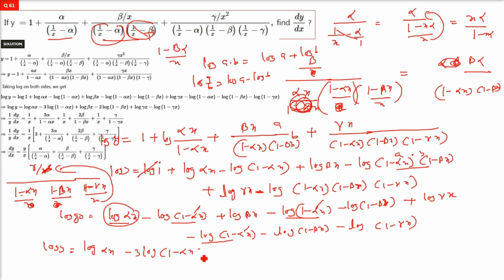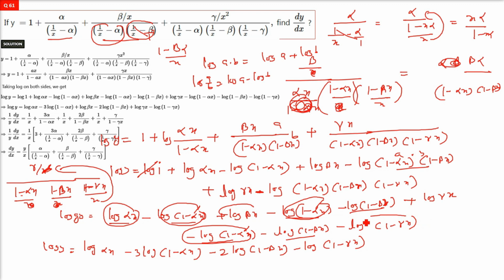Log βx you can just write like that. And the log (1 minus βx), how many such terms are there? There are 2, so minus 2 log (1 minus βx). And then we have minus log (1 minus γx), which is only 1. So plus log βx plus log γx.